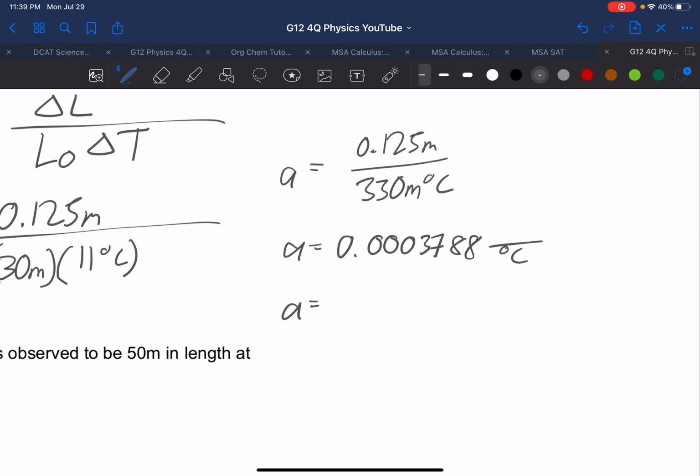This doesn't look nice. 3.78 times 10 raised to, 1, 2, 3, 4. If we're moving to the right, that's a negative, I guess. Yeah, I believe so.